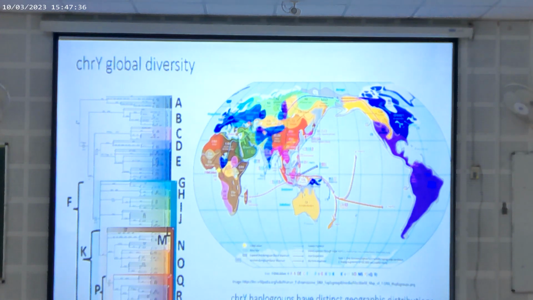The Y chromosome diversity in the world has been studied already for decades, and deliberately here is a quite old picture, which used to be at least in Wikipedia, the one on the right. And this is showing these different clades or their distribution in the world.